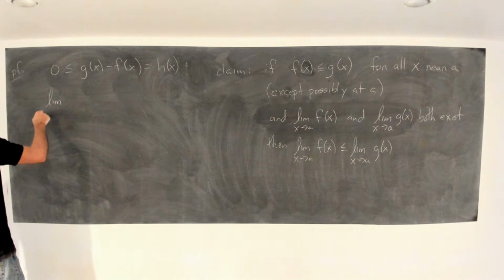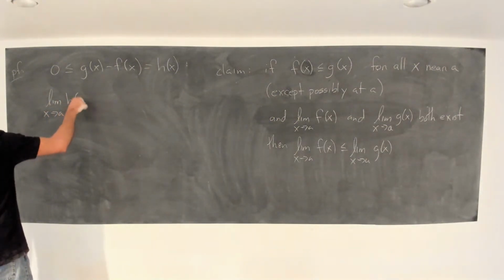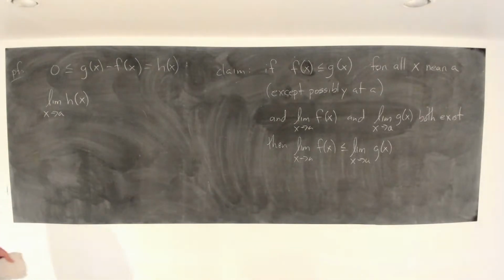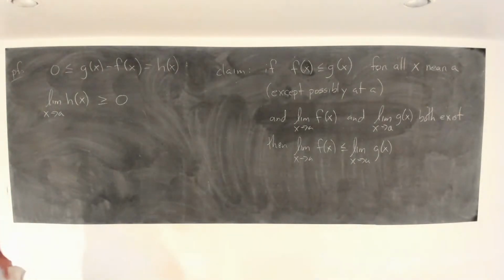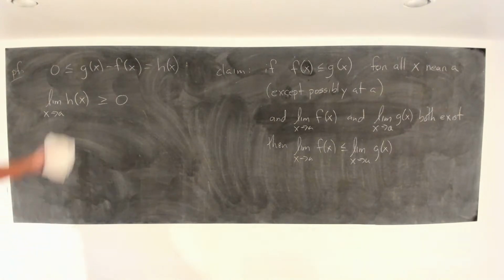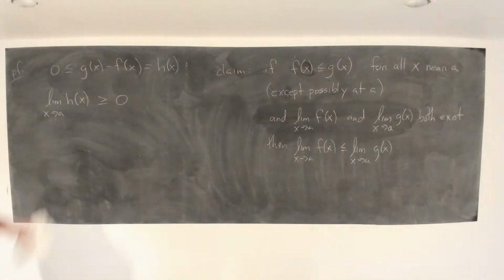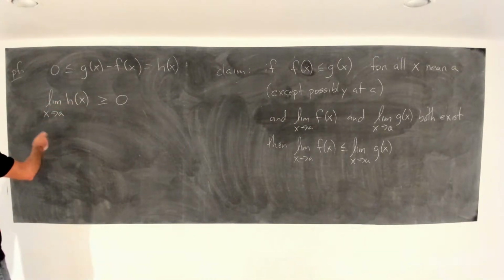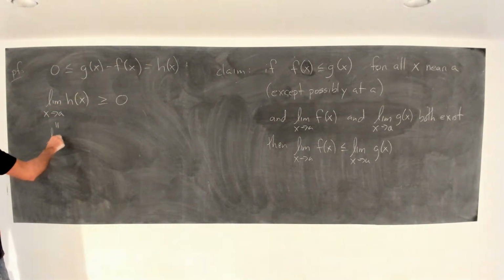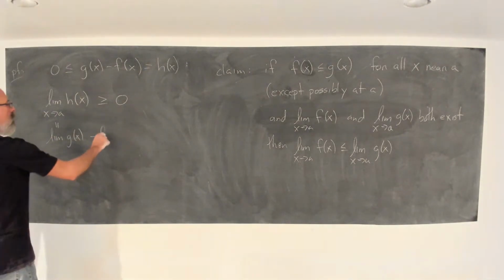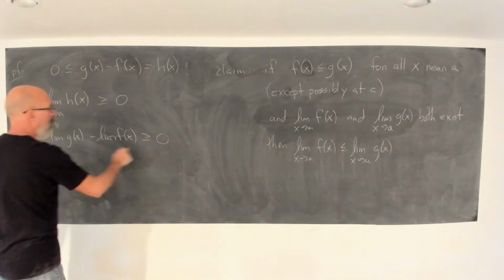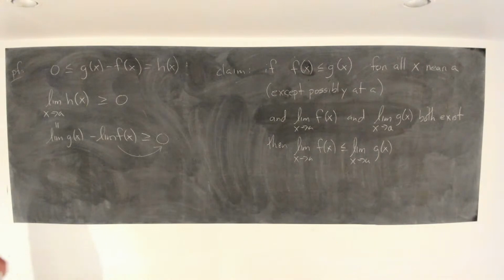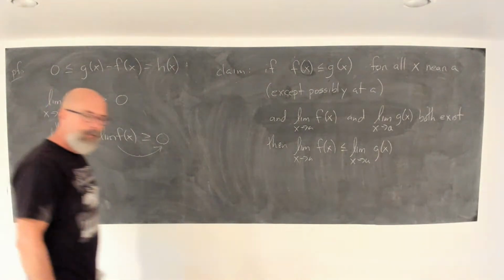What can you say about its behavior? It cannot suddenly dip down below the x-axis because it was always bigger than 0 to begin with. But this is just the limit of g minus the limit of f. So bring this to the other side and you're done. That's the idea.